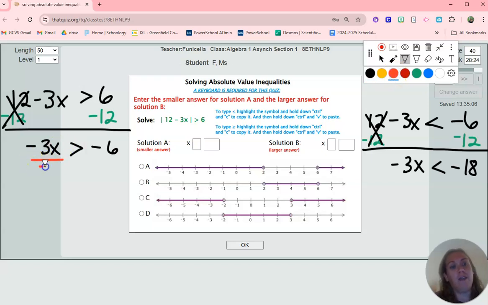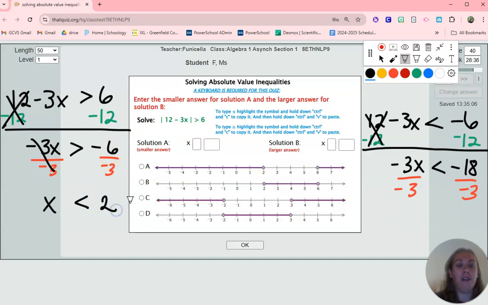And then we're going to divide everything by negative 3. And again, one of our big rules, whenever we divide by a negative, we have to flip the sign. Negative 6 divided by negative 3 is a positive 2. And negative 18 divided by a negative 3, flip that symbol, is a positive 6.